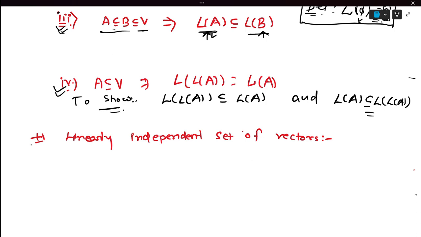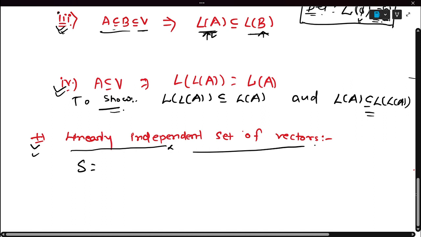So now I will define what is a linearly independent set of vectors. First we will define it when S is a finite set.